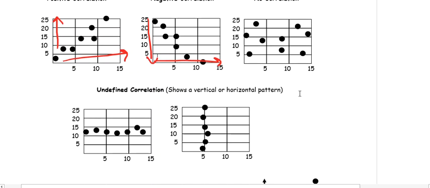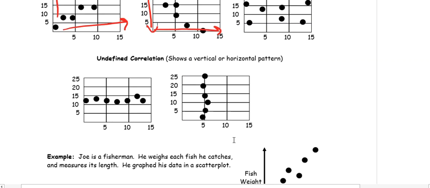Undefined correlation: when it's a horizontal line or a vertical line, it's undefined. It's not telling you any information. You don't know if it actually means anything. The whole purpose of a graph is to find meaning of a data set. And in this case, this is just going left to right. It's not going up or down. It's not giving you any information. And the same thing over here.